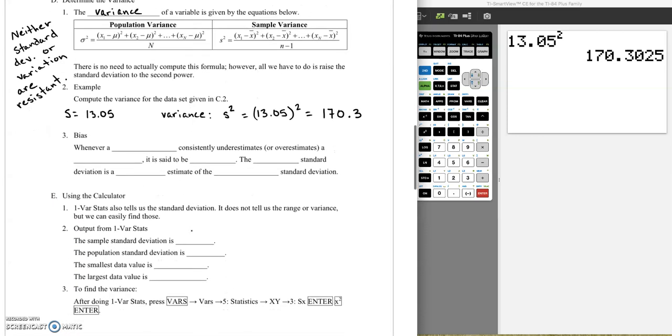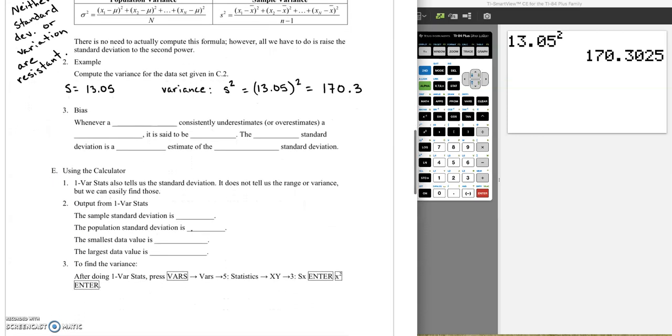So now we need to talk about bias. Whenever a statistic consistently either underestimates or overestimates a parameter, it is said to be biased.